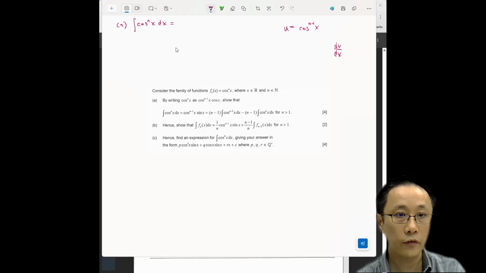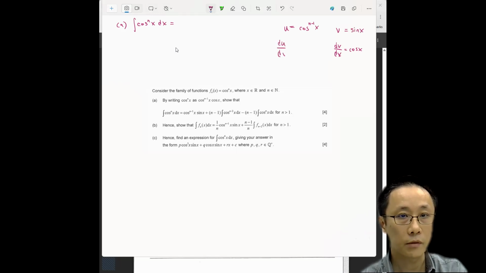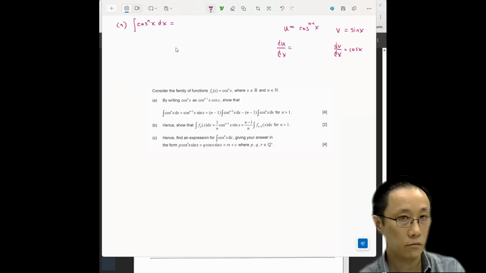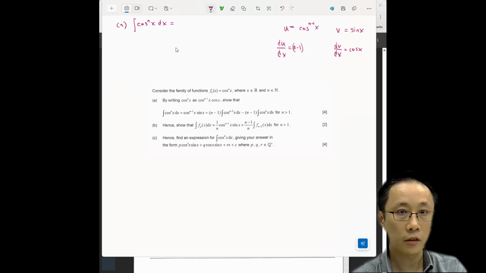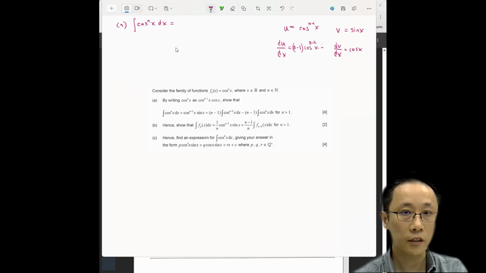Whereas if we just let dv over dx equal to cos x, then v can be neatly integrated, becomes sine x. du over dx, meanwhile, can be found using a combination of power and chain rule. n minus 1 cos n minus 2 x times negative sine x.